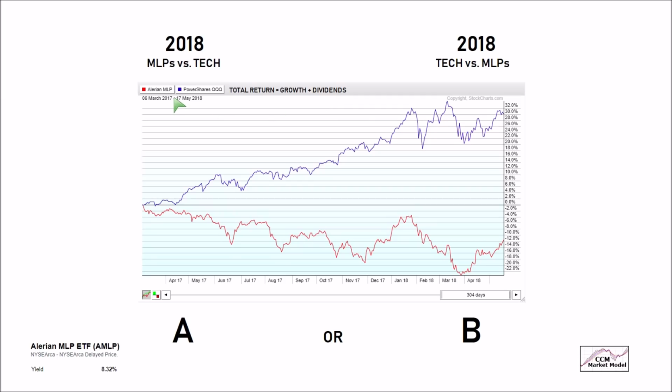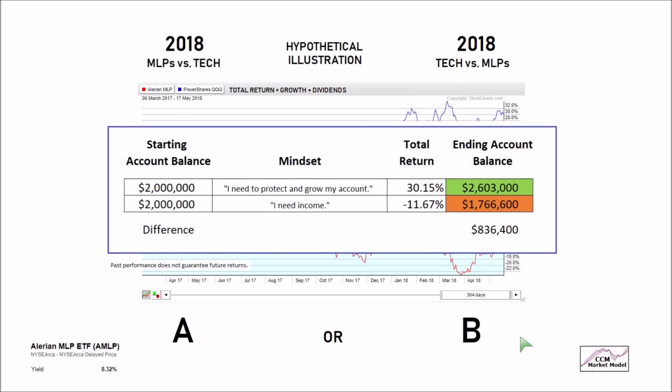AMLP, share price appreciation, plus dividends. Well, in this case, we do not have share price appreciation. The share price dropped. The total return was roughly a loss of 11 to 12%. So let's assume back in March of 2017, we took $2 million, and hypothetically, we're using an extreme example here to illustrate basic concepts.